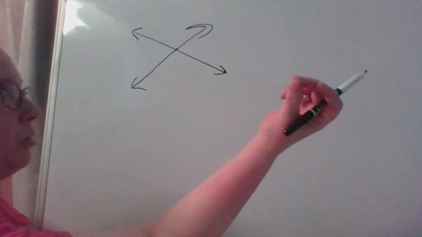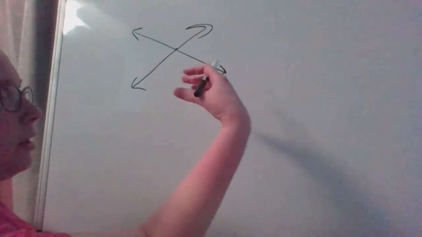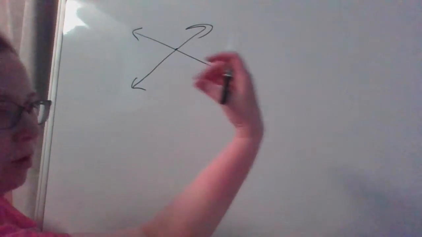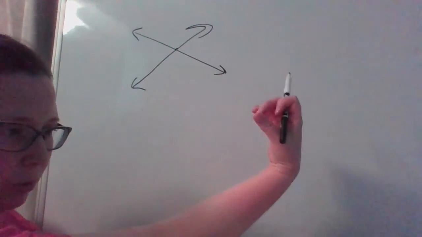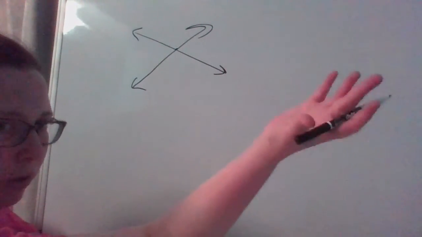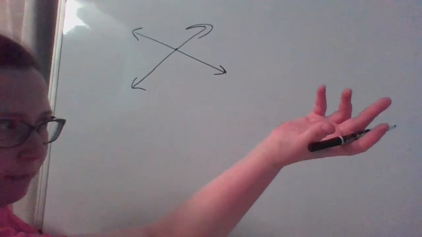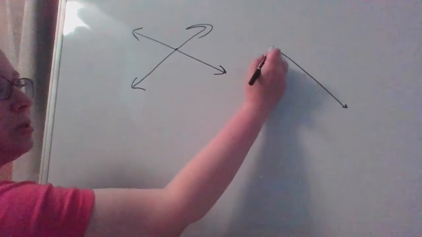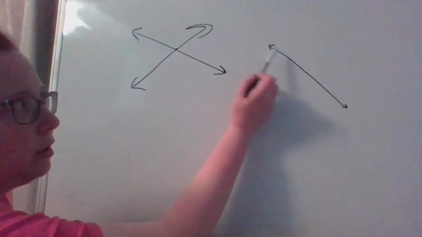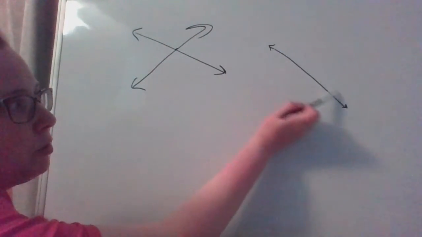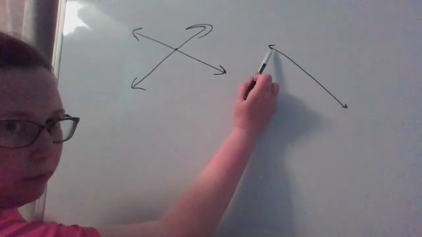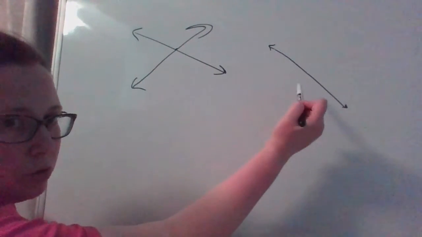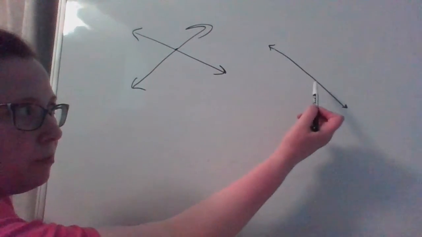So the infinite number of solutions one, think back to the last section we did with point slope form. We sometimes had 2 different equations, and I told you they were equivalent. They were the same line. But what that means is we can have 2 different equations that are the same exact line. So if we have that line and then we put another line right over top of it, every single point on that line would be a solution to that system.